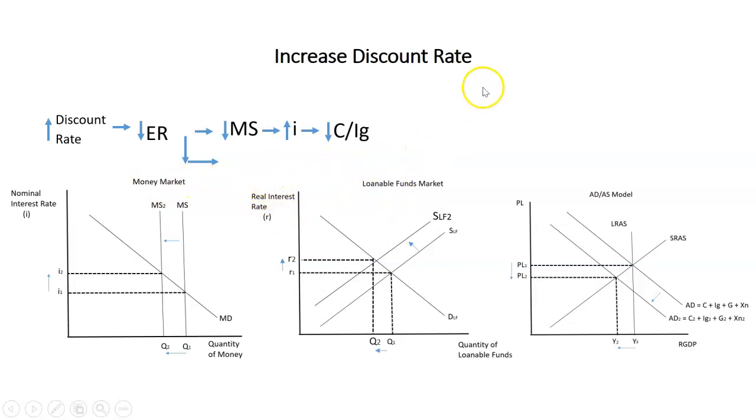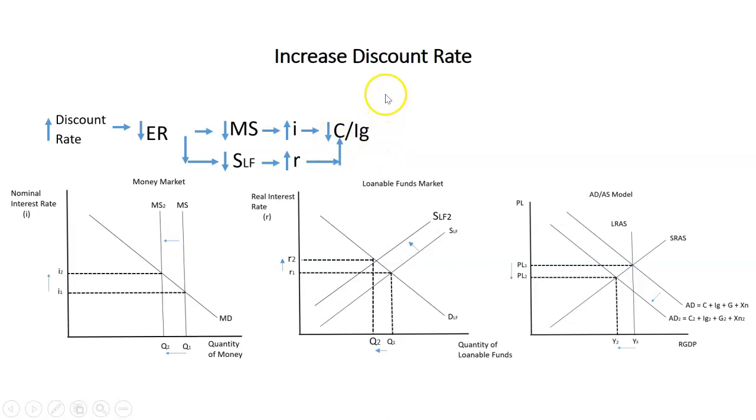And so when there's a decrease in the supply of excess reserves, that means that there's a decrease in the supply of loanable funds. And we see that on the loanable funds graph with that shift to the left of the supply of loanable funds. A decrease to the supply of loanable funds will increase the real interest rate. And this will have the same effect on consumption and investment spending.